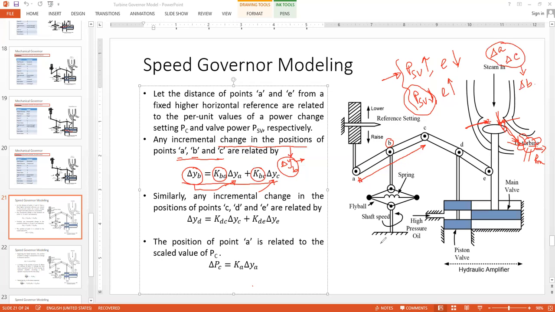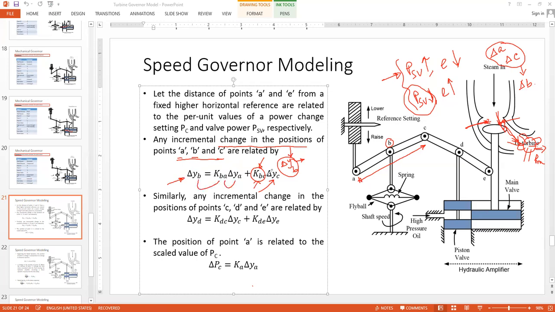So they can be related by some proportionality constant, and KBA and KBC are nothing but the proportionality constants. Because B is the center point, B is involved in both cases, BA and BC. When we are looking at the relation between the change in position of point B and the change in position of point A, we bring in the proportionality constant KBA.